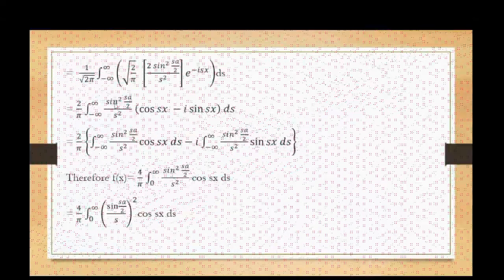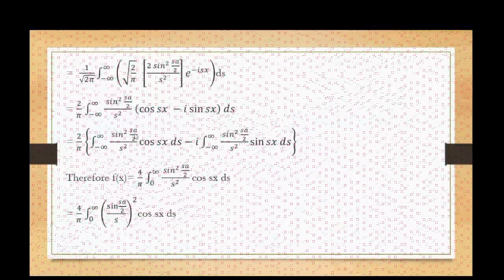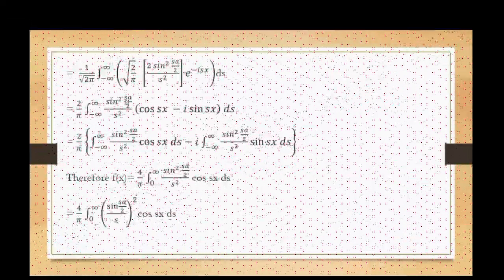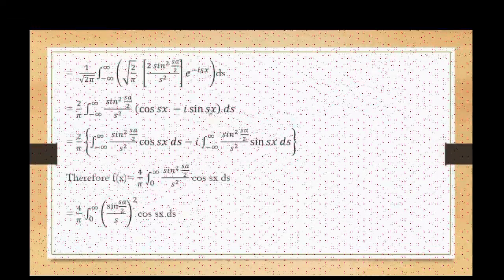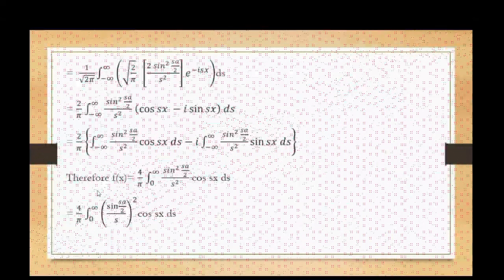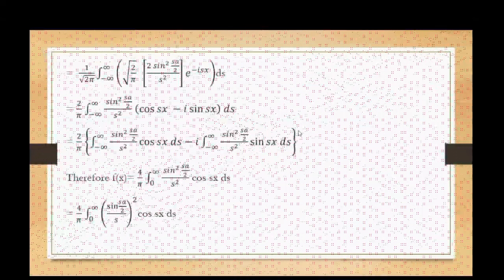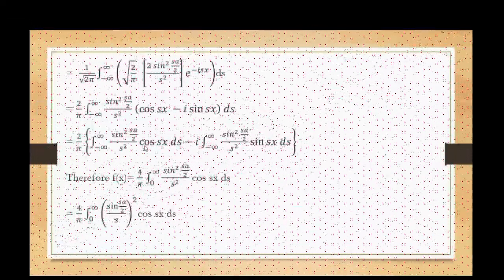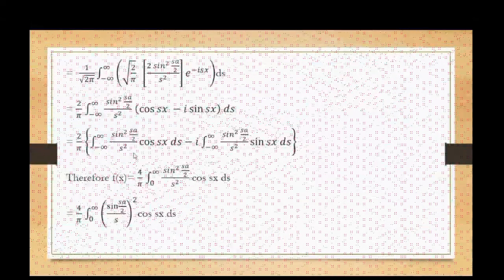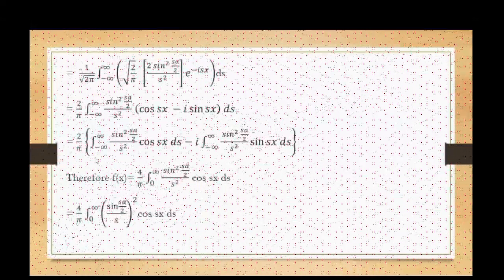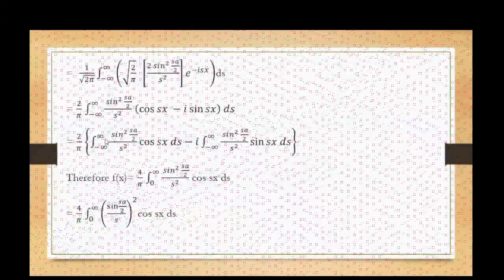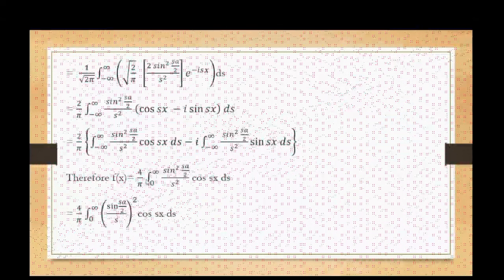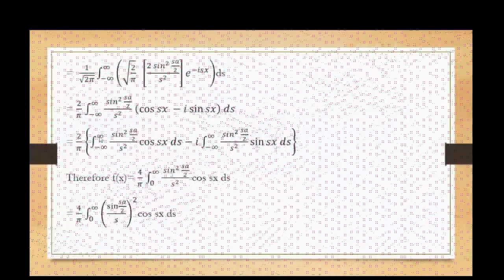So sin square sa by 2 divided by s square into cos sx, and sin square sa by 2 divided by s square into sin sx ds. Okay, so f of x is equal to, the sin term is an odd term, so it will be 0, and your first function is an even function, and for an even function the limit minus infinity to infinity can be replaced by 2 times the integral 0 to infinity.